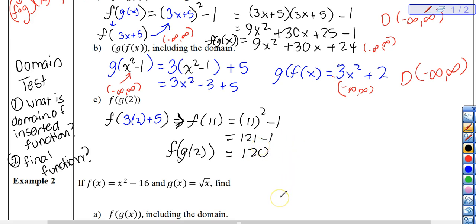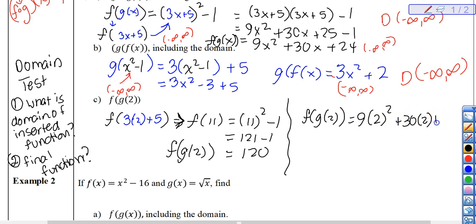That might not be the way that you thought about it. How did you think about it? Yeah. So you went back to problem A because we'd already found the f of g of x, and you plugged the 2 into your function 9x squared plus 30 times 2 plus 24.